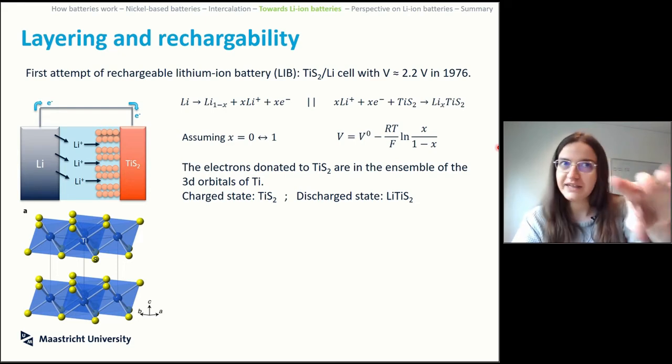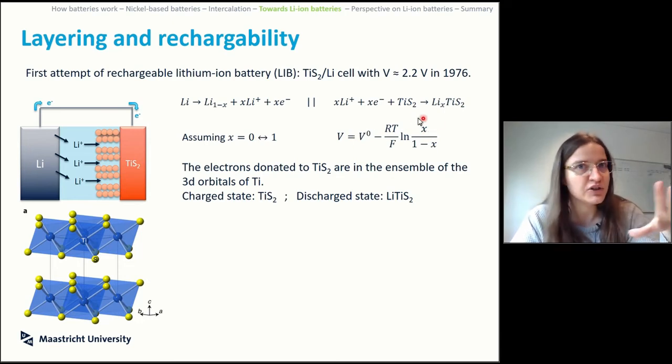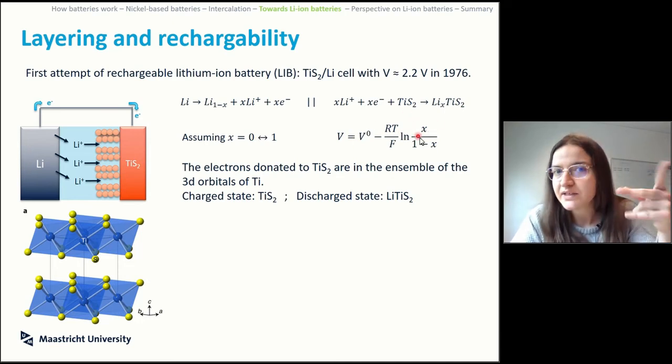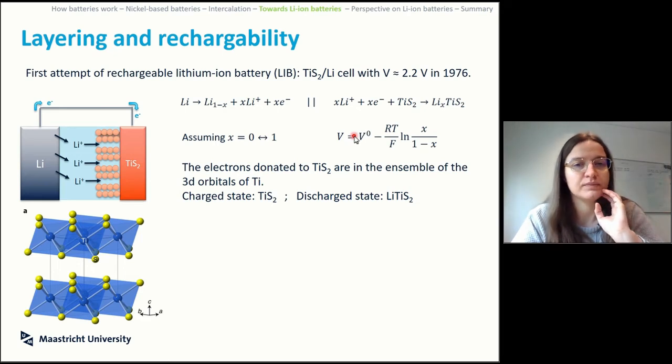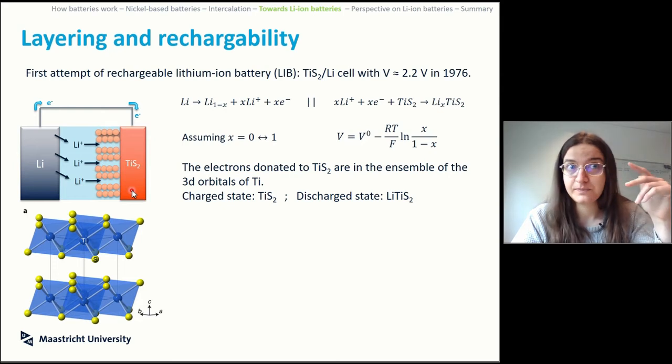So going in, going out. If this thing is stable between 0 and 1, that's your full potential of the cell. Intermediate points will give you intermediate potentials. Here your redox couple is the titanium 3, titanium 4. So it's that level that you're playing around.